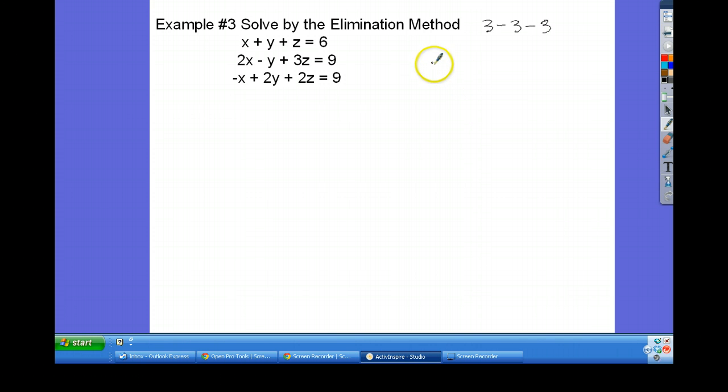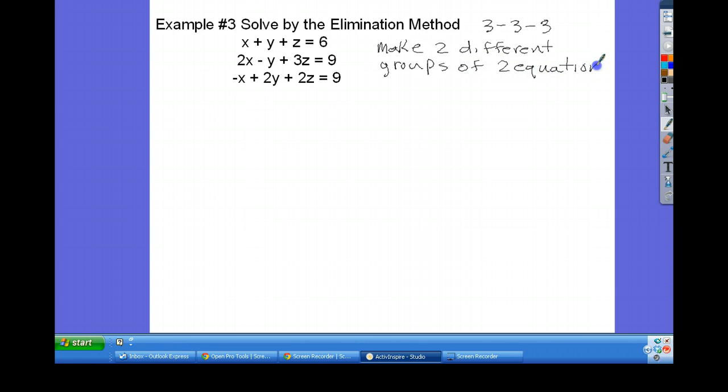So, step 1 is to make 2 different groups of 2 equations.